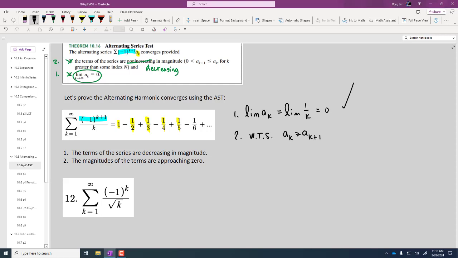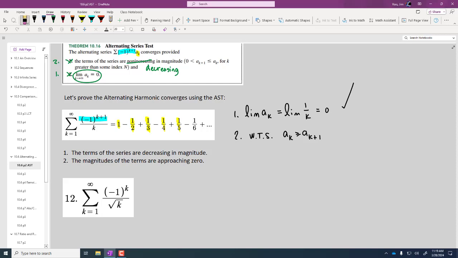Now it's technically true that you have the equal to sign, but 99.9% of the time you could just say strictly greater than. The terms are strictly getting less. This is the non-increasing thing.